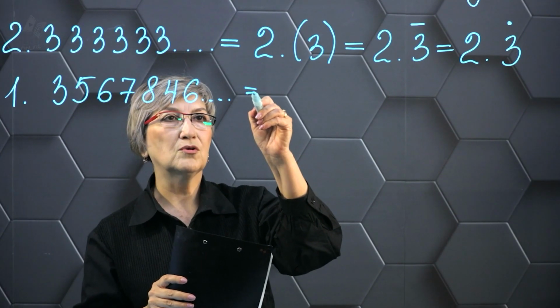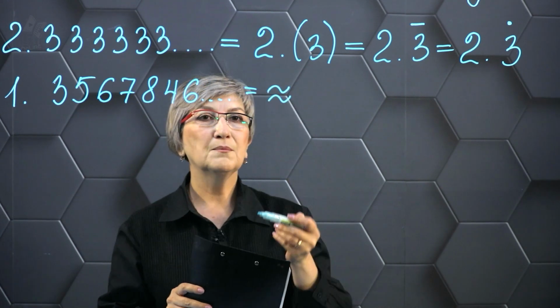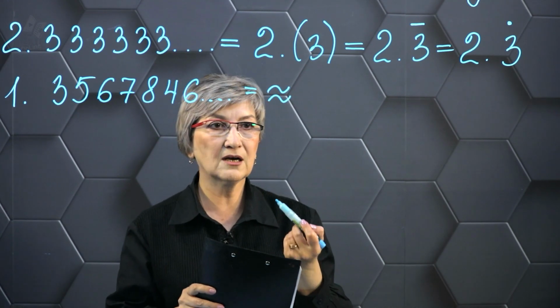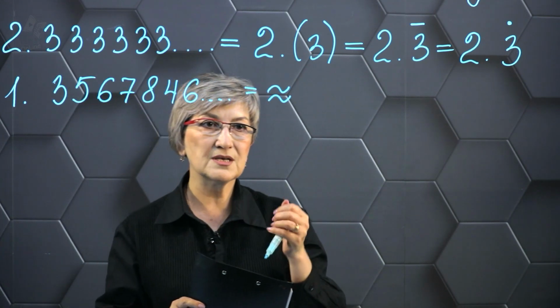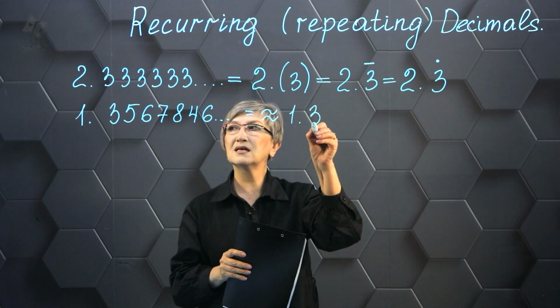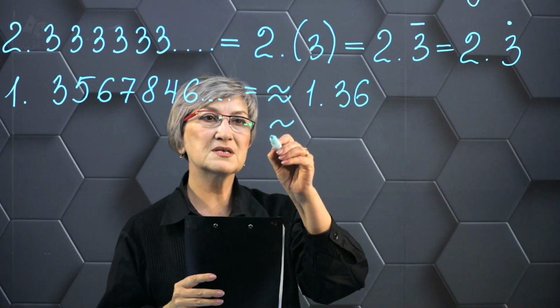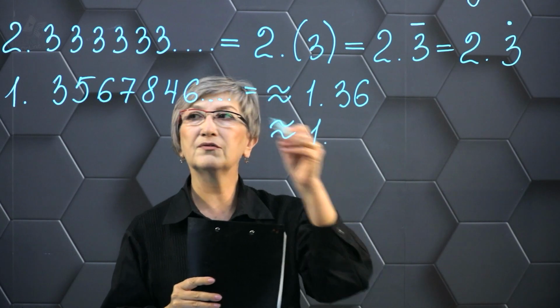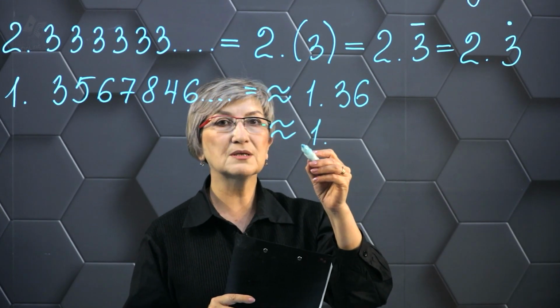We can't put the equal sign, but we can put an approximate equal sign. And if I want to round and write down this decimal notation shorter, I can write 1.36 hundredths if I want to round to hundredths, or I can round this number to tenths. Then the result will be approximately 1.4 tenths.